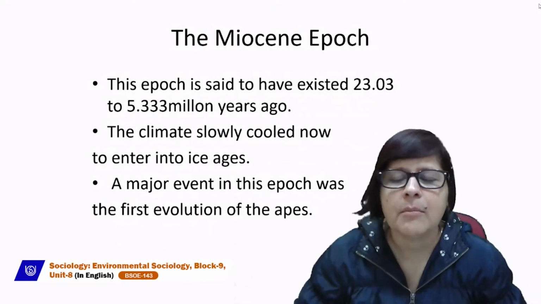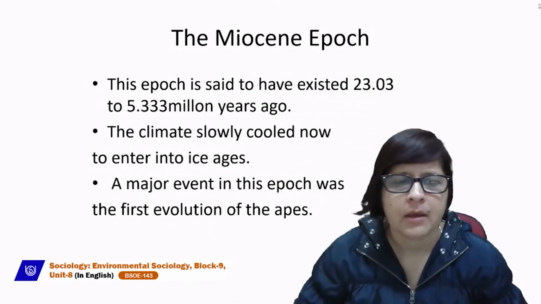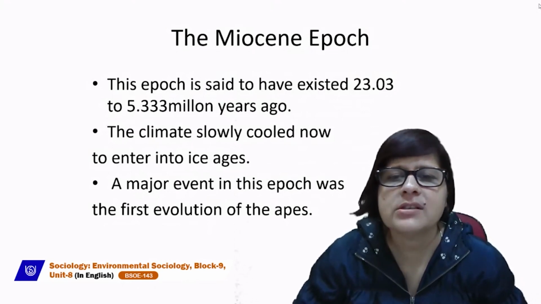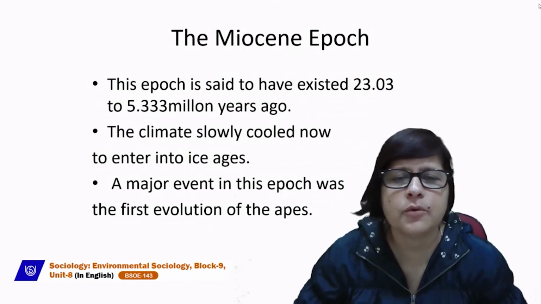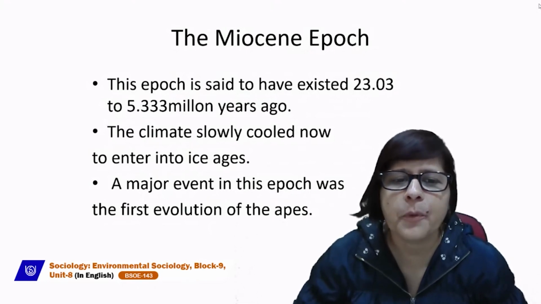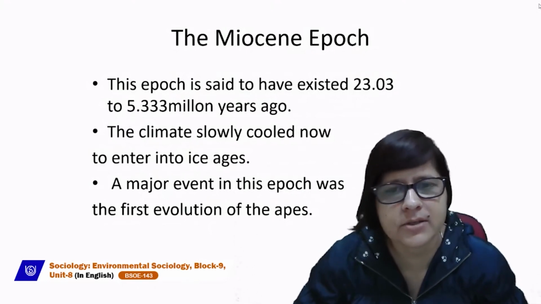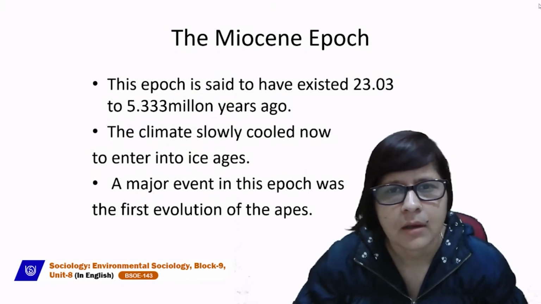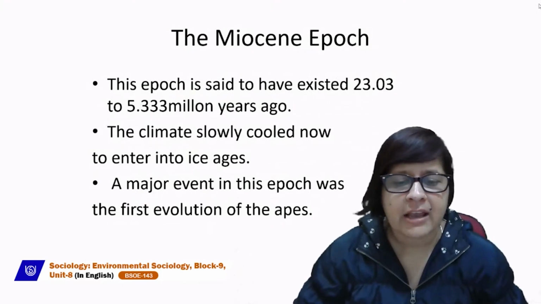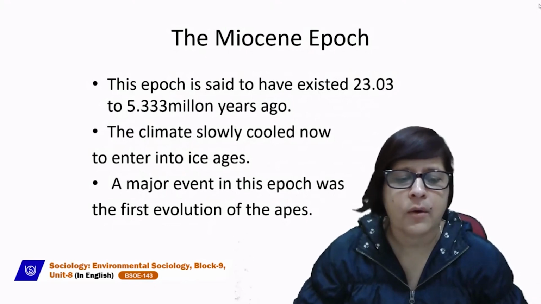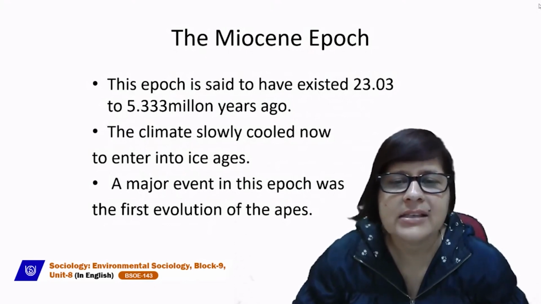Then comes the Miocene epoch. This epoch existed from 23.03 to 5.333 million years ago. The climate slowly cooled and entered into the ice age.